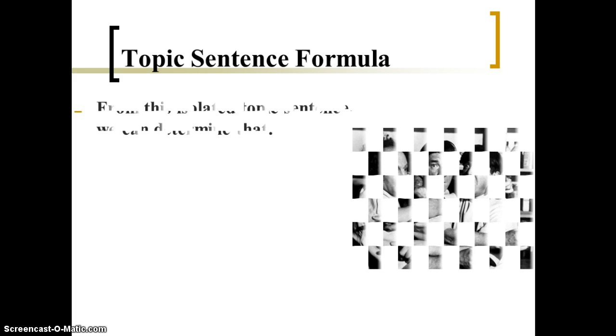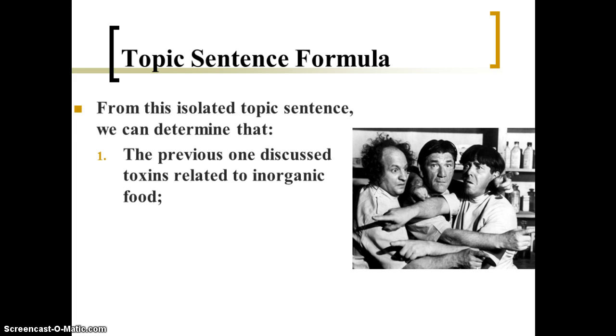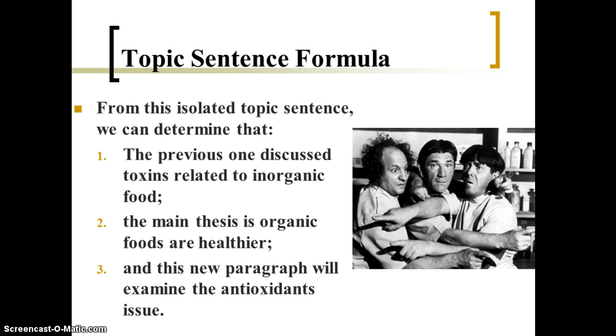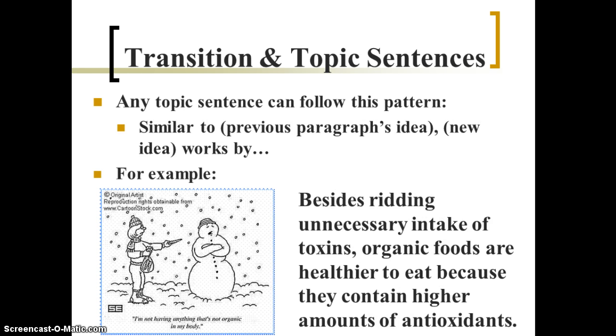Right? So, from this isolated topic sentence, we can determine that the previous paragraph discussed toxins related to inorganic foods. The main thesis is organic foods are healthier, right? And then this new paragraph will examine the antioxidants issue. So if we go back, right, we could clearly see that. Besides ridding unnecessary intake of toxins, organic foods are healthier to eat because they contain higher amount of antioxidants.